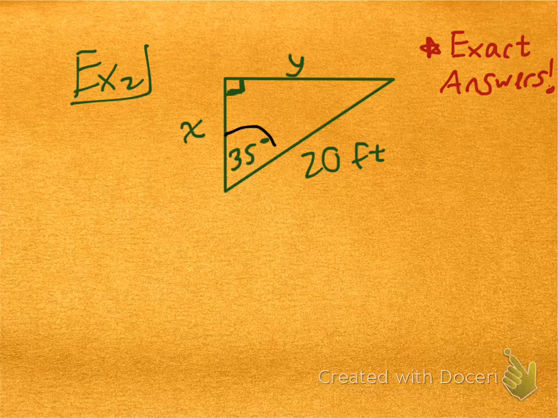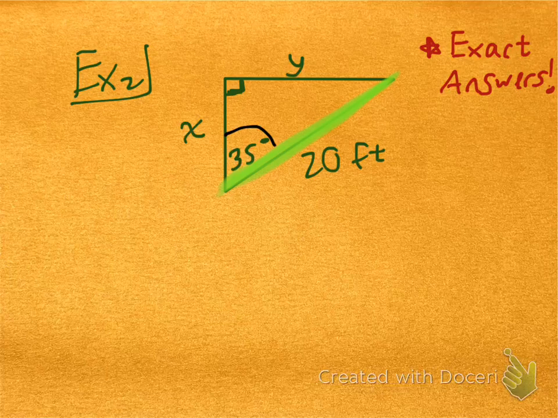What are we given, first of all? We're given the hypotenuse, which means using tangent in this case would be ineffective because tangent does not have the hypotenuse involved. Tangent is just the opposite over the adjacent. So we can use sine or cosine, either one, because they have the hypotenuse involved.